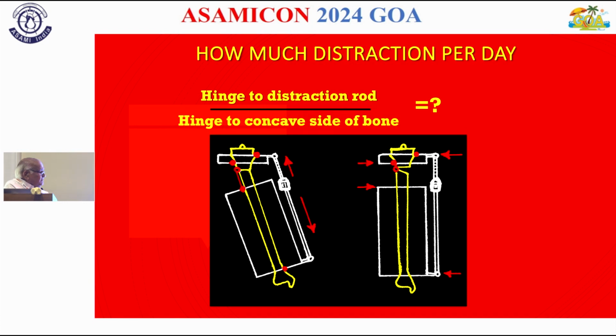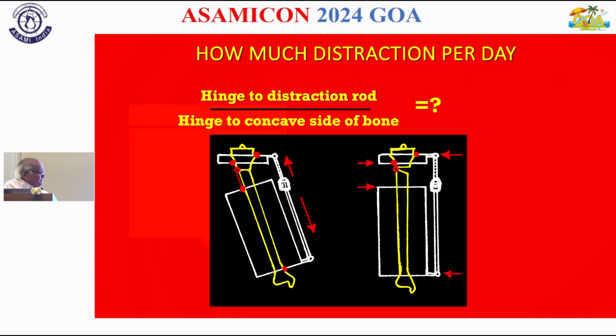So you have to calculate from the hinge to the distraction rod and from the hinge to the anterior cortex, the convex side of the bone. Whatever it comes, say here it is 4 inches and here it is 1 inch.